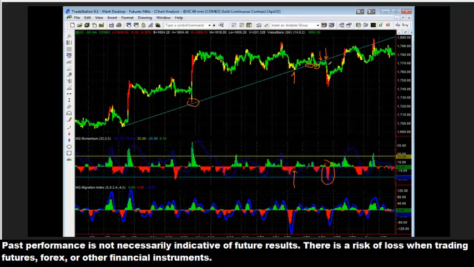Those are the ones I really like to watch for, and those can be really nice. And you can see what happened. Gold sold off by, it looks like, upwards to $25, $30 an ounce. So that's not a bad move on a 60-minute. Literally within 5 hours, you could have had $25 an ounce made on that trade. So that's a nice one.